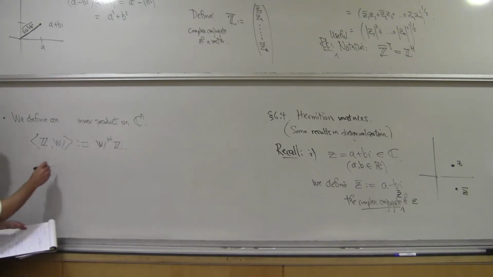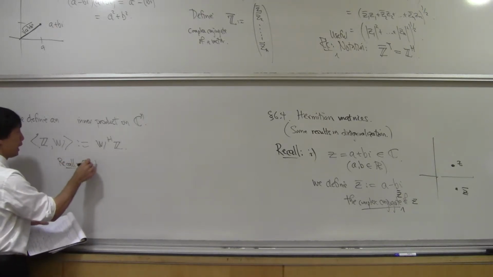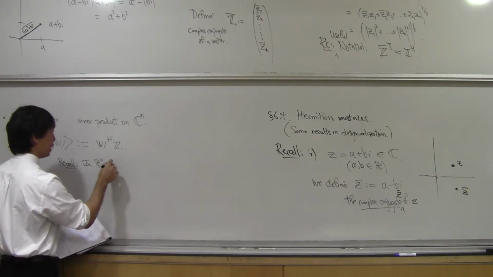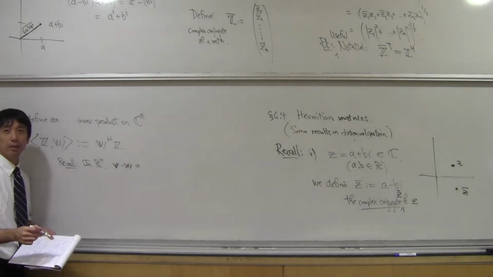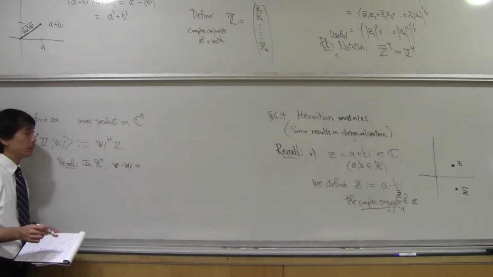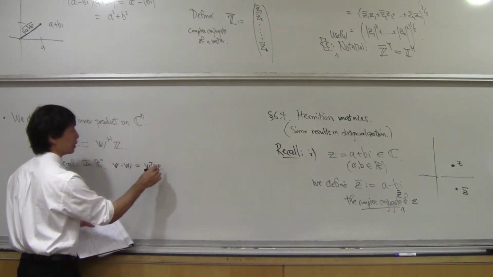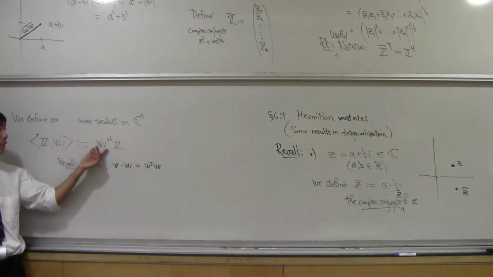So remember, in Rn, if we talk about one vector dotted against another vector, how do we define it? V transpose w. Right? So this is not so strange.